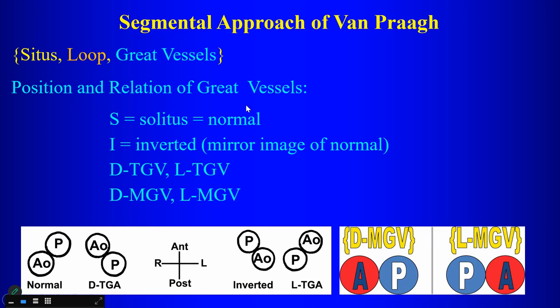And then for the great vessel relationships, S is the abbreviation for solitus, meaning normal, right? Remember, in the normal relationship, the pulmonary artery is anterior and to the left of the aorta. I is inverted, which is the mirror image of normal. So there, the pulmonary artery is still anterior, but it's to the right of the aorta. And then we have D transposition and L transposition. Okay?